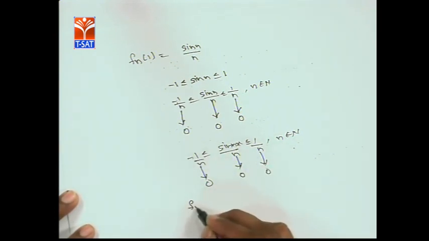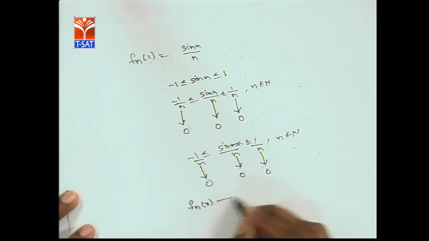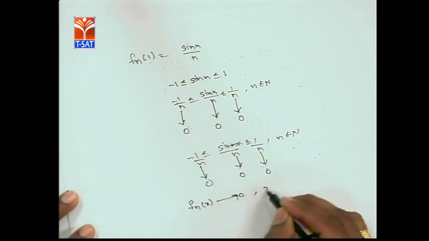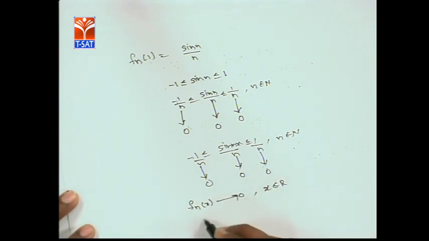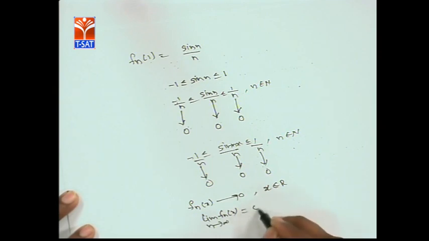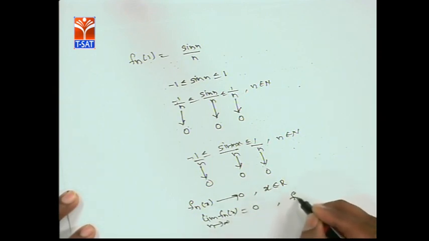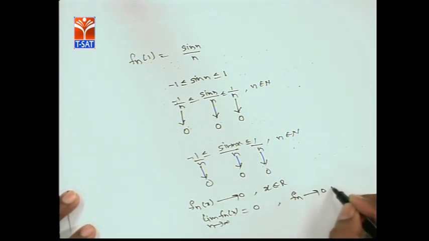Therefore fn of x converges to 0 for every x in R. Therefore the limit of fn of x as n tends to infinity is equal to 0, or we can write fn converges to 0 pointwise on R.